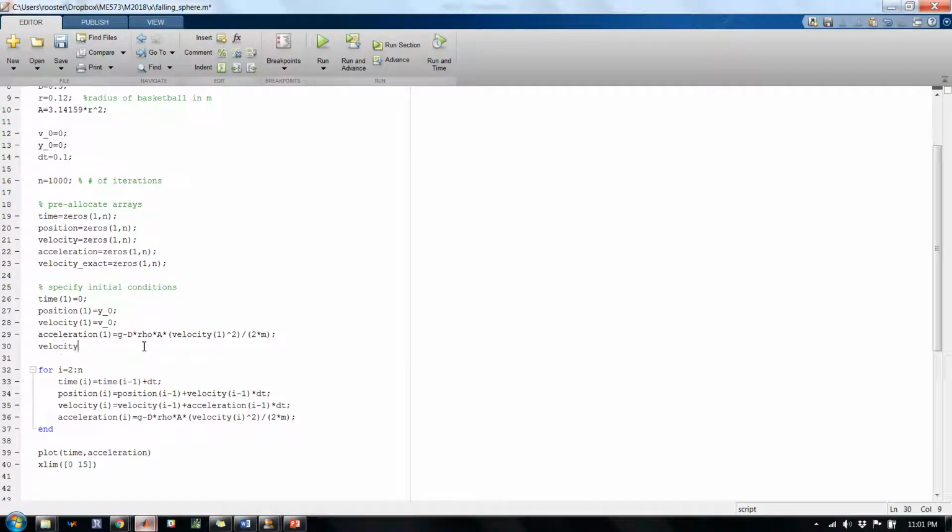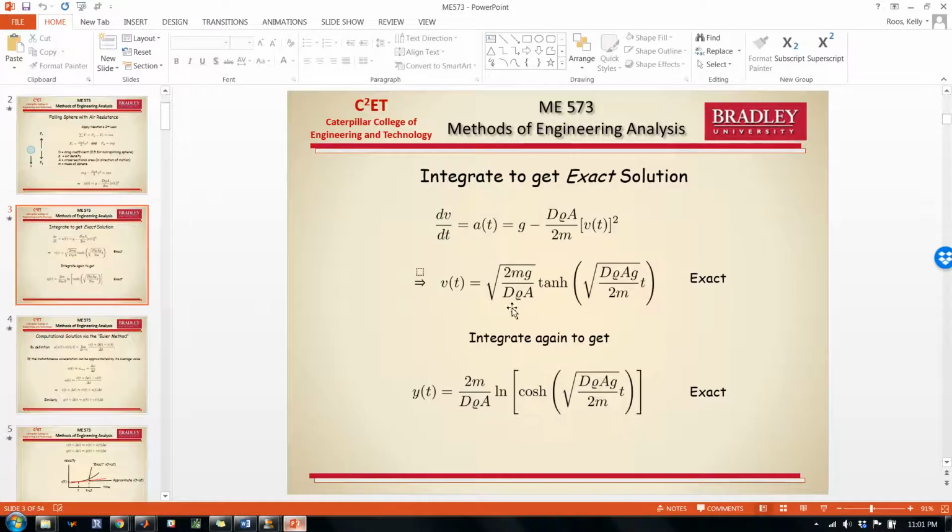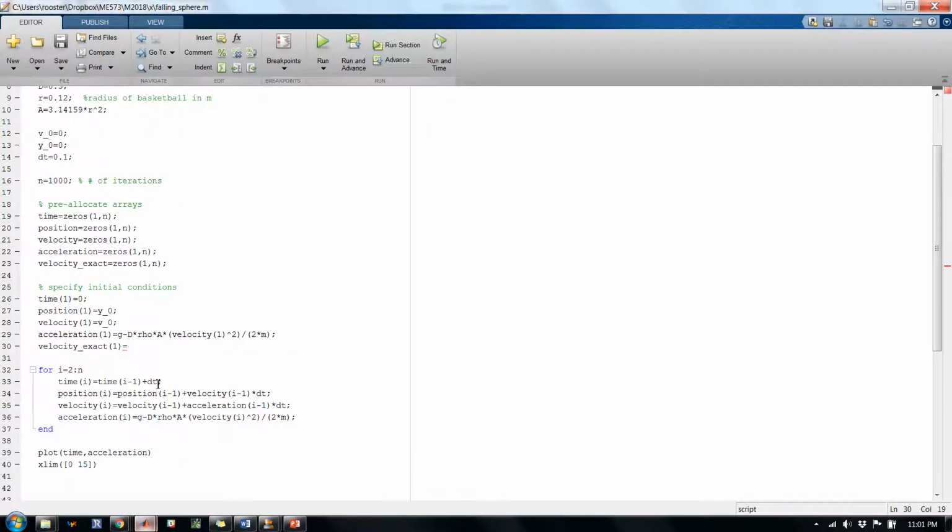So velocity underscore exact of 1. This is the first memory location, equals, and now we're just going to do what that equation says to do. Let's start with this coefficient in front. It's the square root of 2mg over d rho a. Let's remember that, 2mg over d rho a. The square root in Matlab is sqrt.